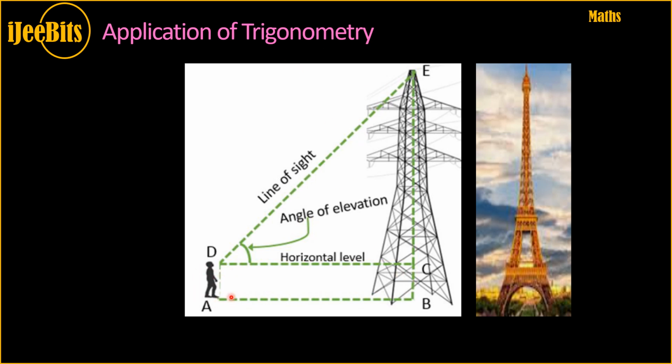How? Let's say you are standing here, you know the horizontal distance of how far you are, and you make an angle of elevation with respect to the horizontal line, right? Your line of sight is trying to see the top of your tower, and the angle of separation is what you can easily find out because that is what you are observing. With that you will be able to find the distance between your horizontal line and the top of the tower, plus your height gives you the height of the tower.